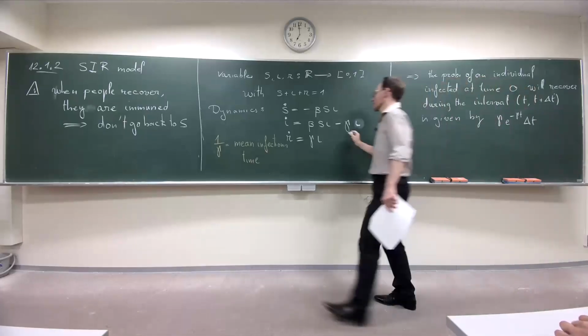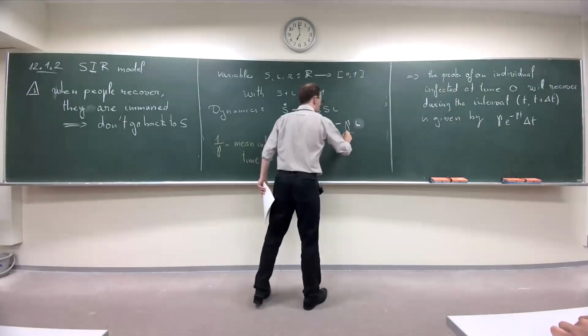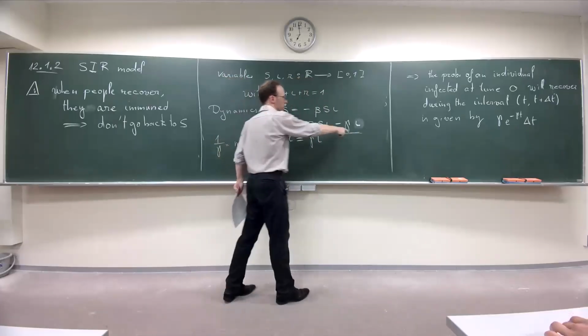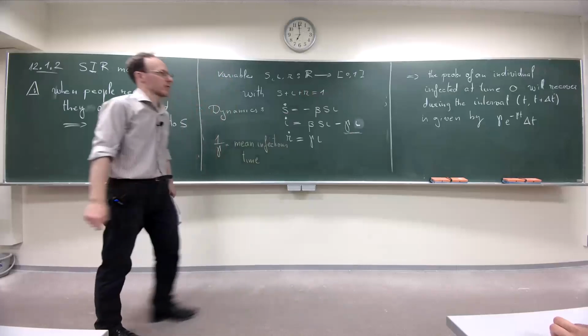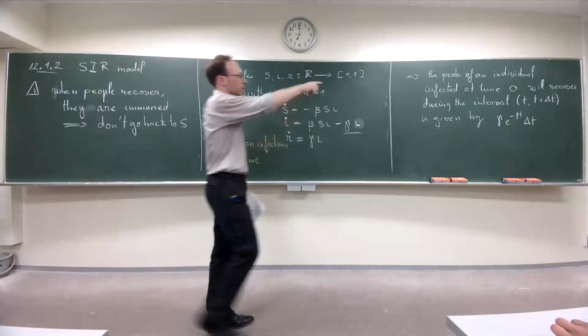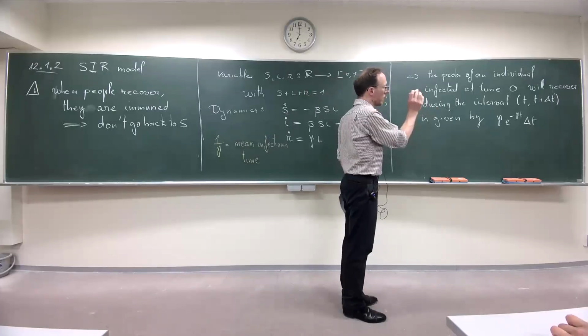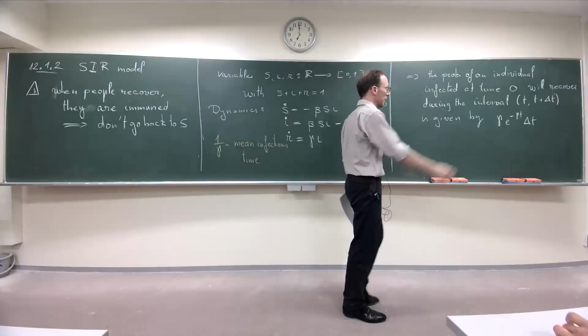It follows from the differential equation, the fact that the derivative is proportional to itself. So it means the probability of recovering, if you have been infected at time 0, during the interval t to t plus delta t is given by this.